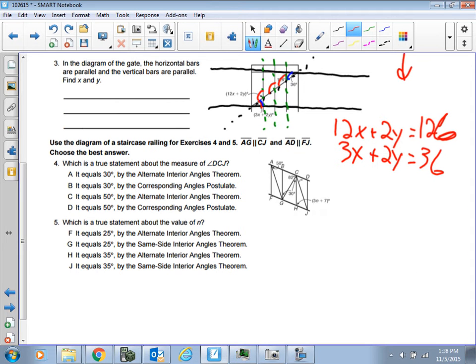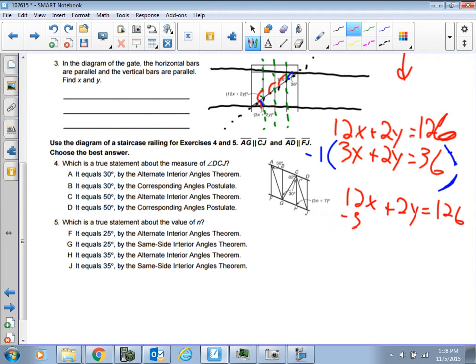A little bit of review from last year. This is a system of two equations. The only way you can solve this is by a couple of different methods. You could use substitution, or you could use what we call elimination. So what we can do is multiply this bottom equation by -1, and keep the first equation. We're going to have 12x plus 2y is equal to 126.